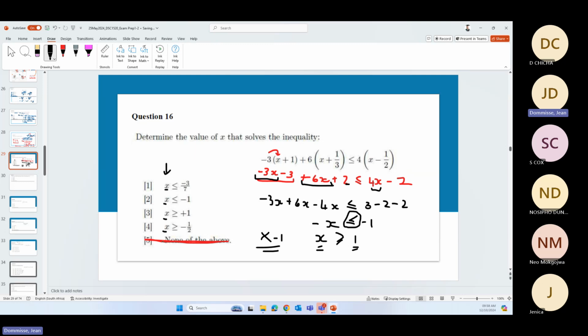So now we look at the options, and the one that we need to select is x is bigger or equal to plus 1. Luckily, they did not have an option where it was x smaller or equal to 1. Okay, so they had it smaller or equal to minus 1.